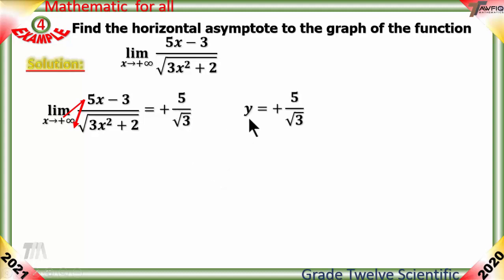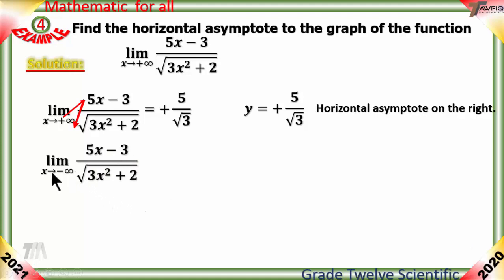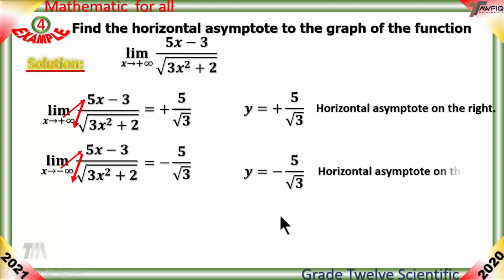Then y is equal to 5 over the square root of 3 is a horizontal asymptote on the right. And if x is approaching minus infinity, minus times plus is minus, times plus is minus, so it becomes minus 5 over the square root of 3, and y is equal to minus 5 over the square root of 3 is a horizontal asymptote on the left of this function.